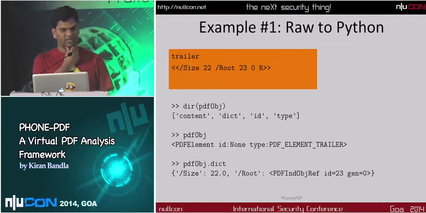So this is, again, a representation of the raw object as you see it in a PDF. If you open a PDF in vi, this is an example, just a snippet. So this is object ID 125. Anything after a percent sign is a comment, so the whole line after the percent sign is a comment.